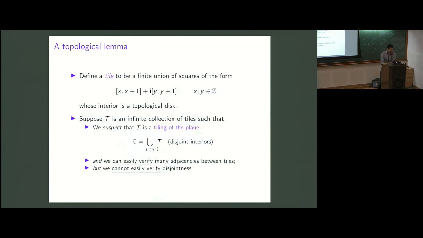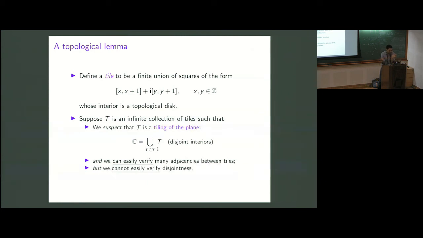And so we were in the following situation, which arises in this kind of dilemma and might be useful in other situations where it was really hard to check disjointness. Like checking that two tiles don't overlap was daunting. But on the other hand, we could easily verify many adjacencies between tiles.